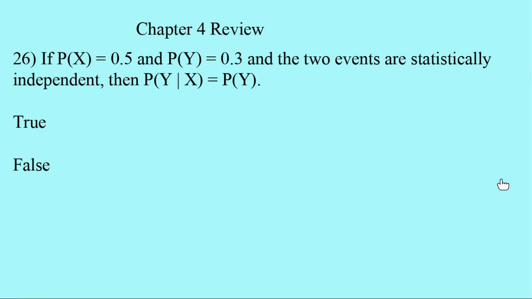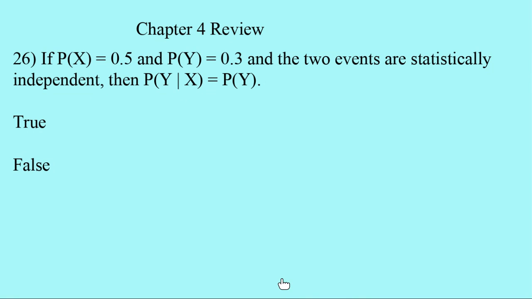So is this true or false? True. And why do you say it's true? It's telling you in the question. Yeah, exactly. It's telling you the two events are statistically independent.